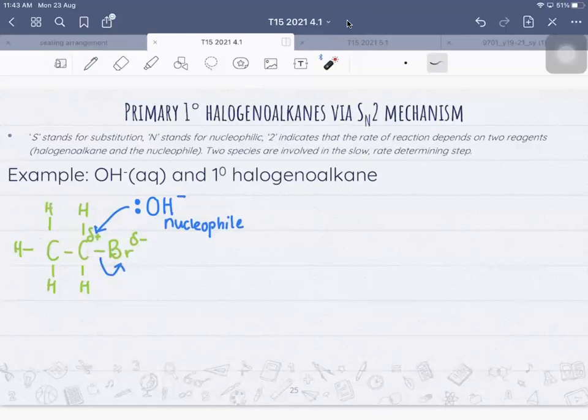Okay, so what happens next is that we have what we call a transition state, just like your intermediate. A transition state looks like this. Because it is a transition or intermediate, that means it is in the process.